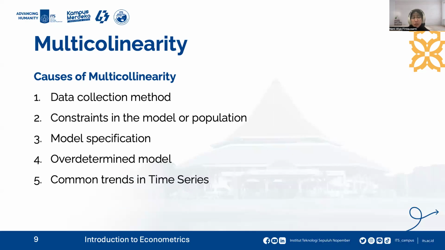The fourth one is the overdetermined model. This one is common in medical and biological studies. Usually, let's say we are going to study the composition of some gene in our body, and then we want to predict some disease based on the characteristics of the gene.